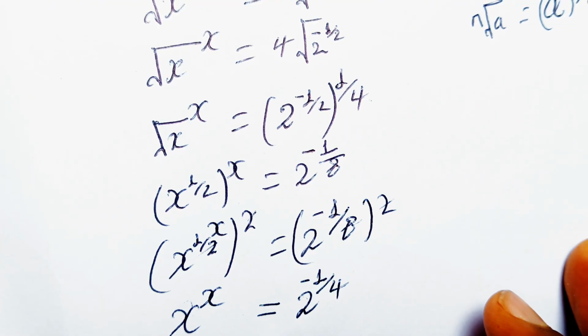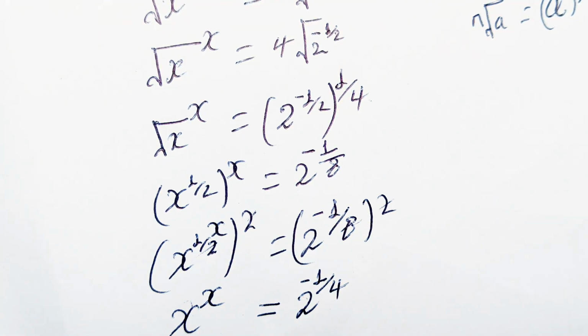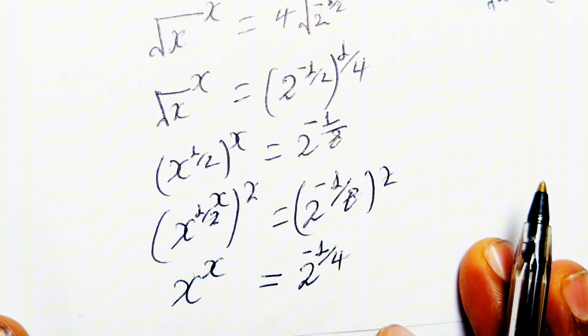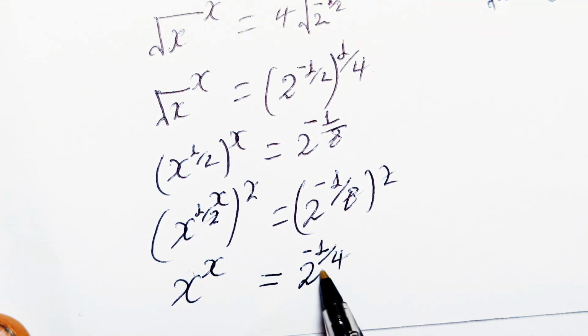So you know that isomorphism means to construct the same form in the left and right hand sides. So let's split minus 1 over 4.